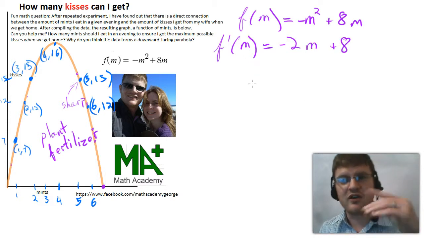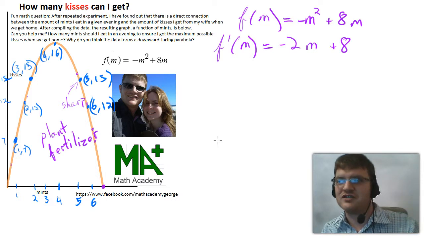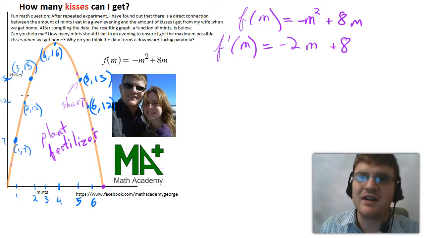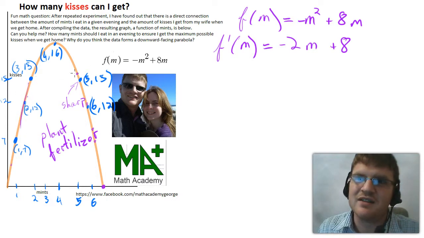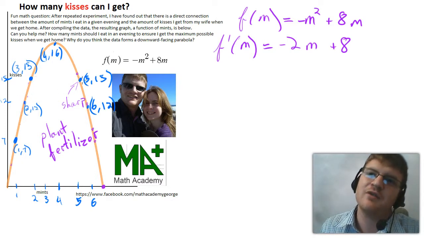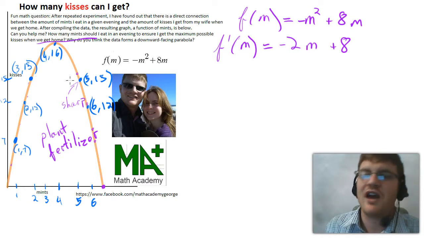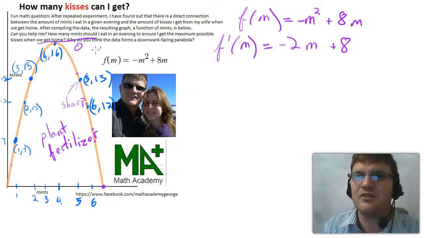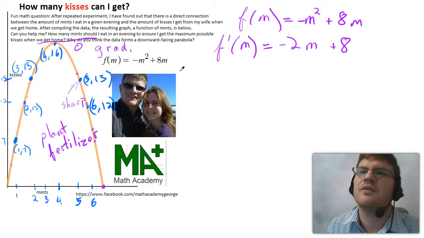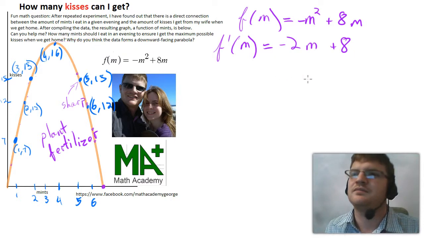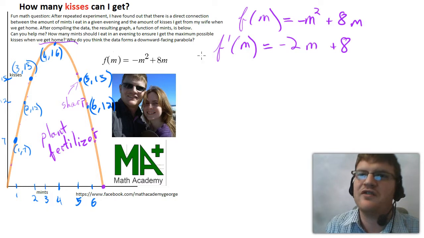And as you might know, the derivative of a function shows you the gradient, how steep it is. There is a positive gradient, here is a very negative gradient, and over here you're actually going to get a 0 gradient. So that's what we're looking for.